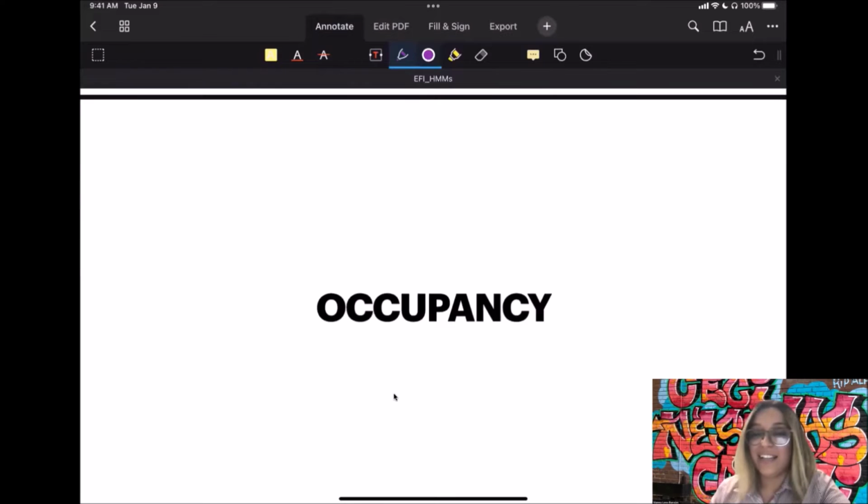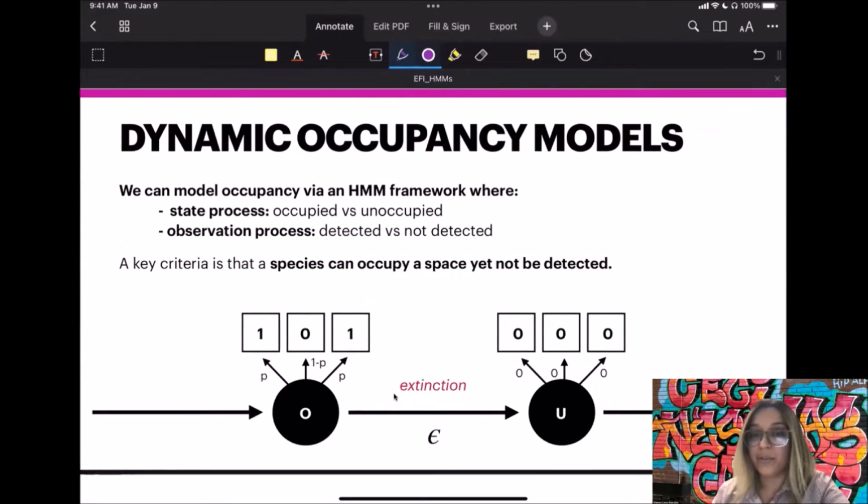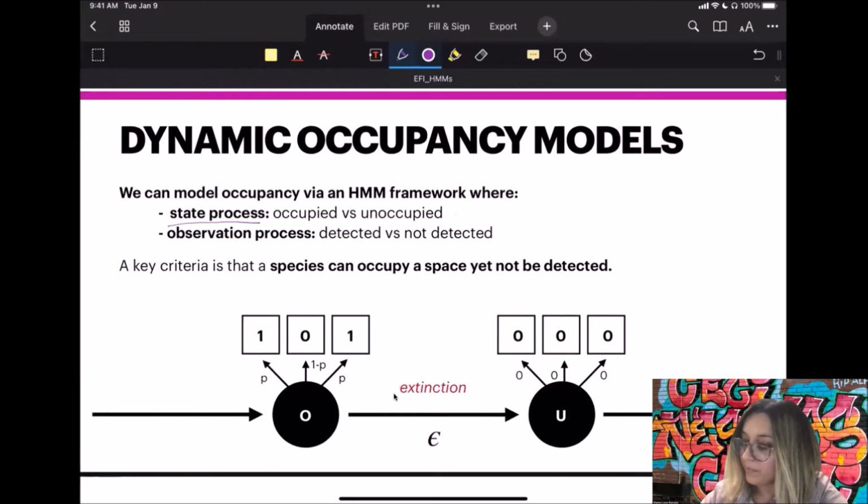Okay. Now, there are also hidden Markov models applied to occupancy data. With dynamic occupancy models, we take the state process in a simple framework to be occupied versus unoccupied, so it's either present or absent.